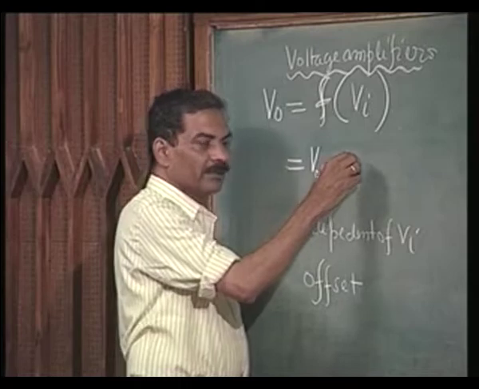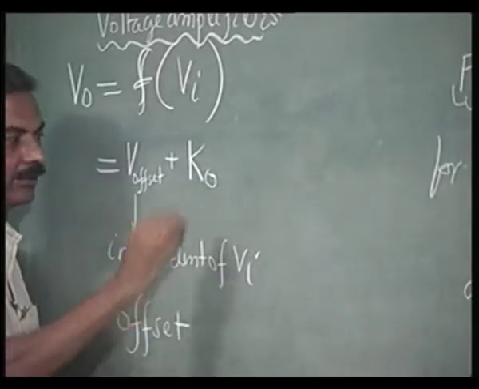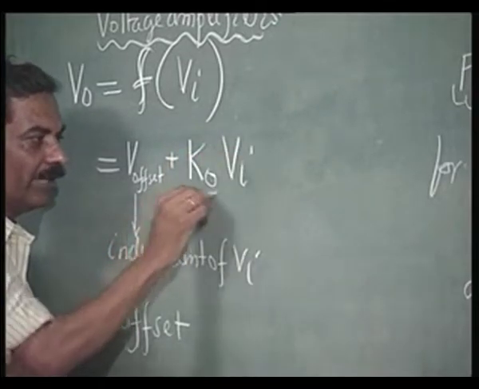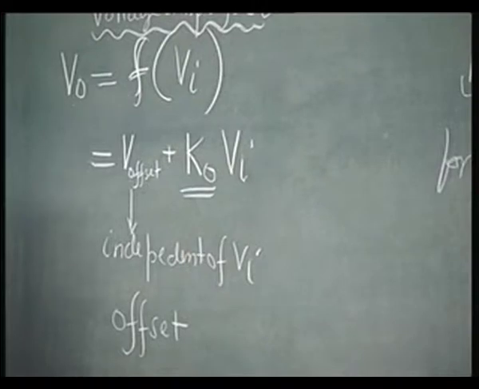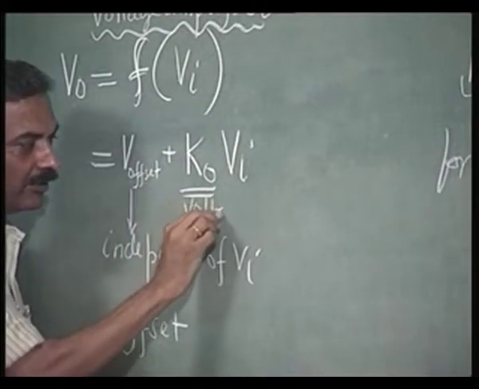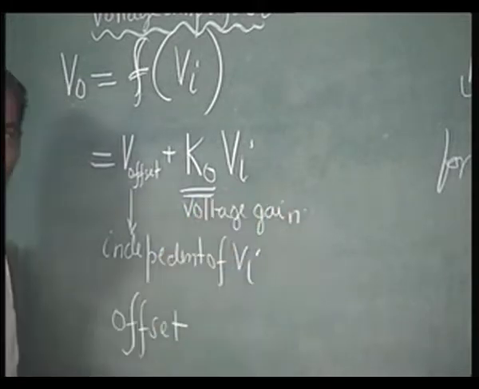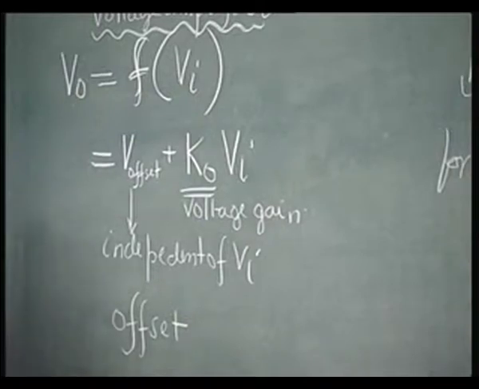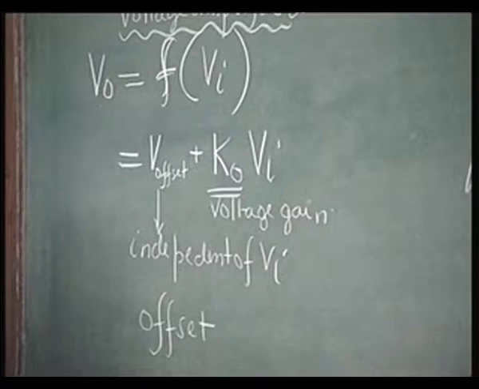Then something that is going to be K naught into Vi. This is what we have been calling voltage gain. This K naught is the factor that we have been calling voltage gain. It is a linear dependence upon Vi.